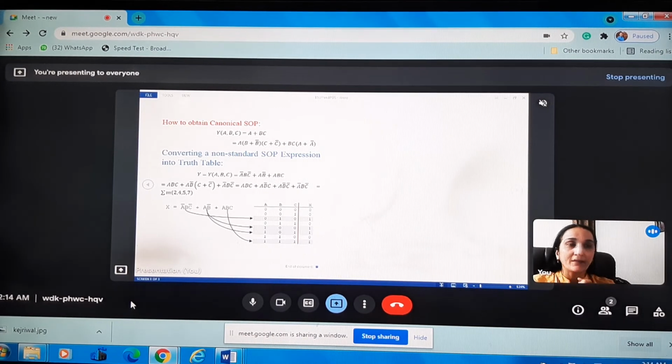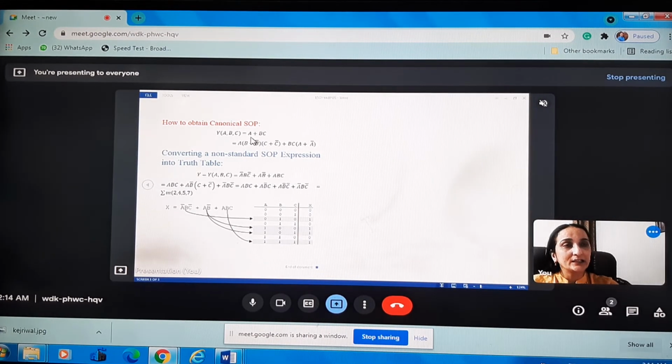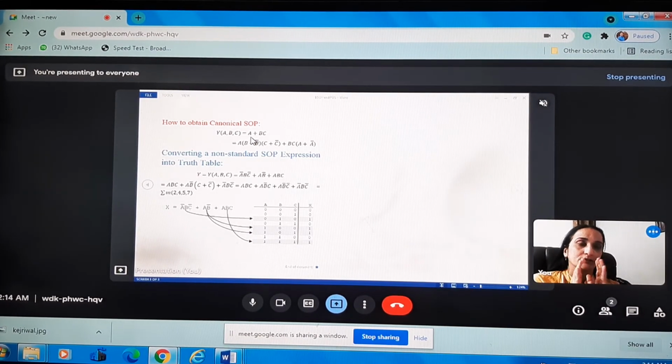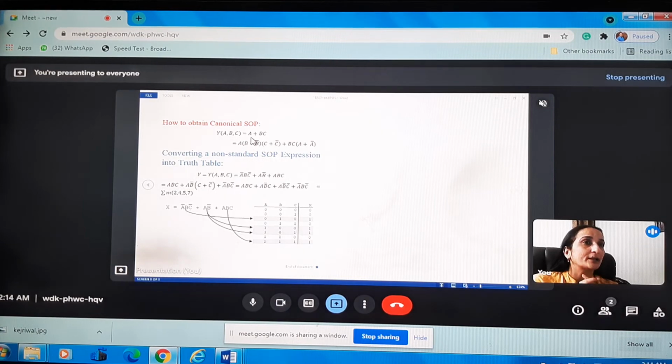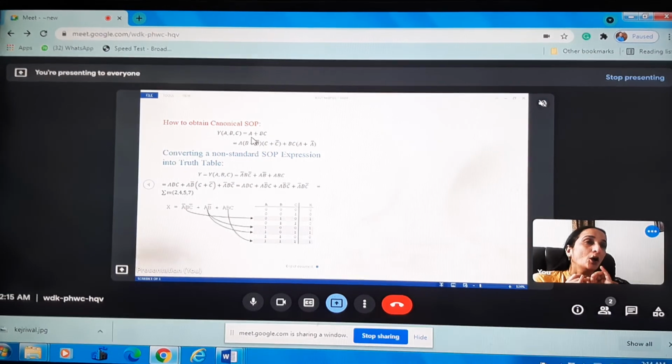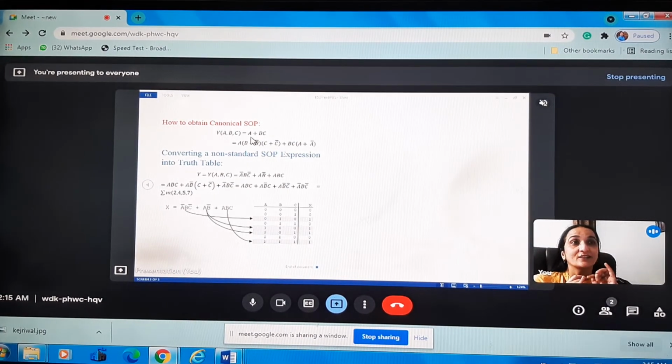So the method is, we will multiply each non-standard product term by the sum of a missing variable and its complement, and we will repeat this step until all the resulting product terms are canonical, fundamental or standard.